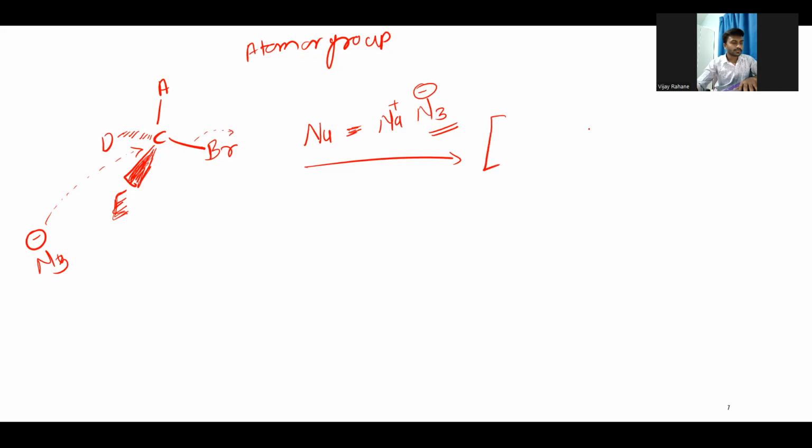So in this one, what happened? The intermediate step is formed, in which the carbon and the bromine, the front side there is the E group, and the back side there is a D group, and this nucleophile starts forming the bond, which is exactly opposite to this B or the bromine group, right?